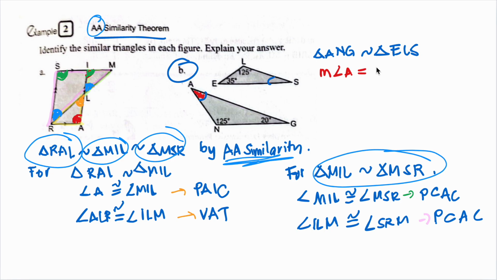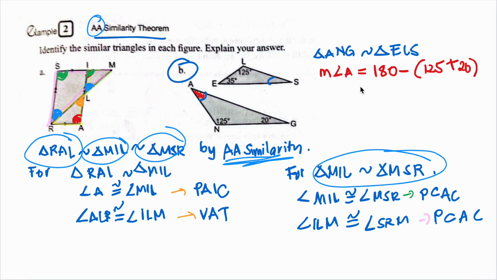It is equal to 180 degrees minus 125, which is the given angle in angle N, plus 20, which is the angle G. Why 180 once again? Because the sum of the angles of a triangle is 180.